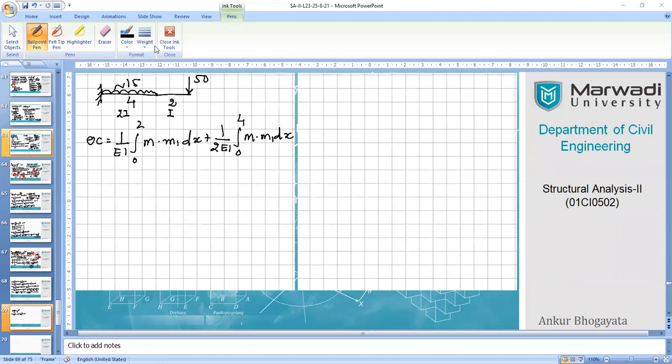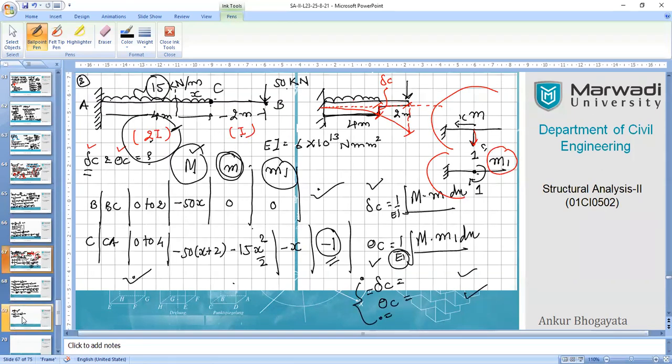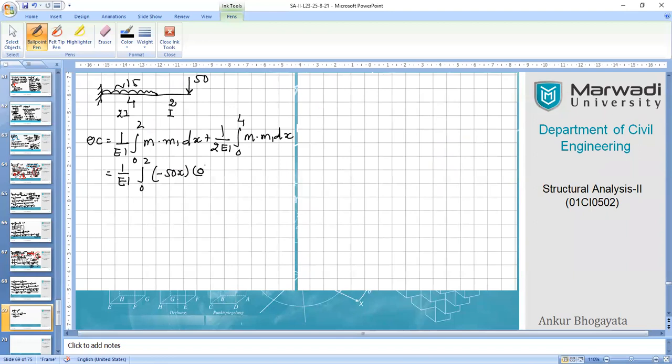All right. So let's carry on with the inclusion of the values. 0 to 2. What is capital M? It was minus 50x. I still remember. And m1, let's see. Oh, that's 0. So we'll keep it 0 here, dx. So in a way, you are getting the benefit of a reduced value also. 0 to 4.